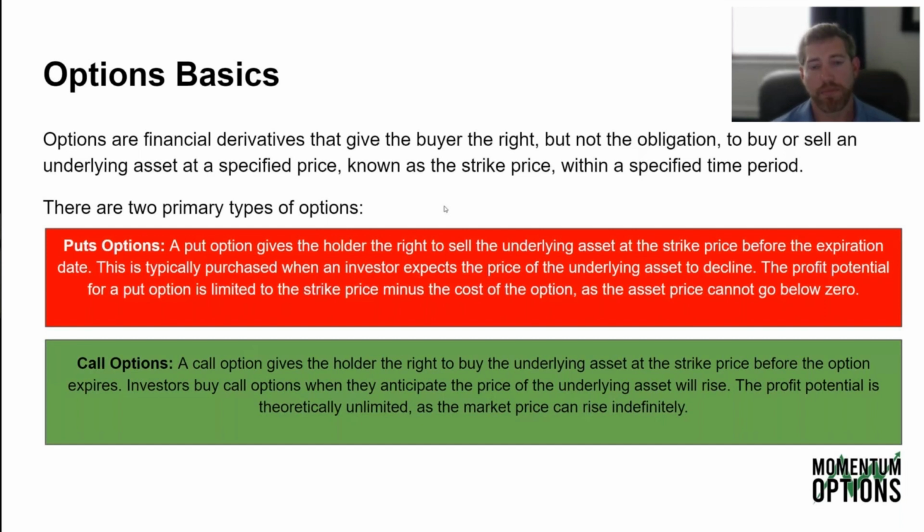You have the right, but not the obligation. Why is that? Well, if you bought that $500 put and price rises $50 this week, you might have the right to sell at 500, but price is at 550. Why would you want to sell at 500 if price is 550? That's $50 lower than where price is. You're really getting a bad deal there. So at that point, you wouldn't want to do that.